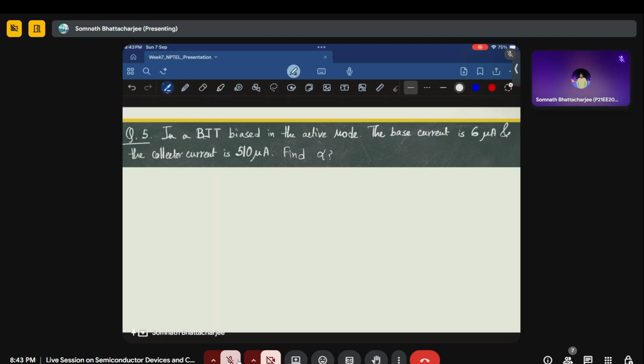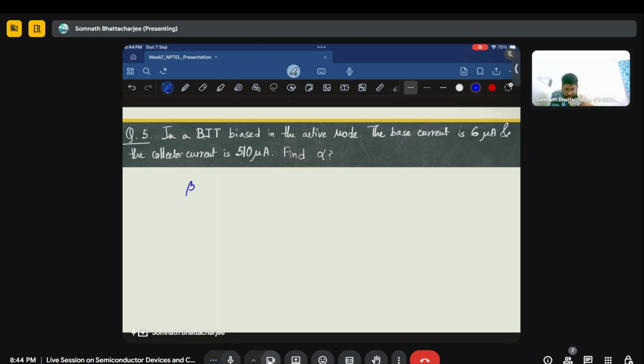So 0.98. Yeah, that's the correct answer. For the others, I'll just do this. Beta is nothing but the ratio between collector current and the base current, so that is this divided by this. So we can write it as 85. And alpha is beta by 1 plus beta, so 85 by 86, and this comes out to be 0.988. So that's the correct answer.